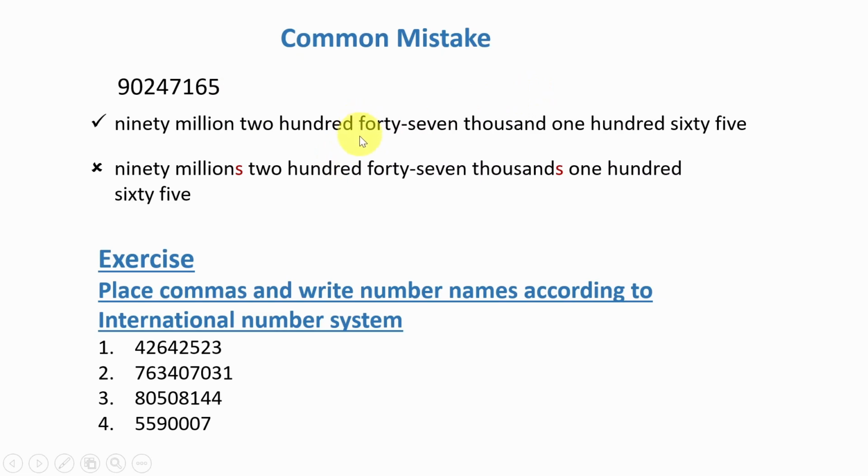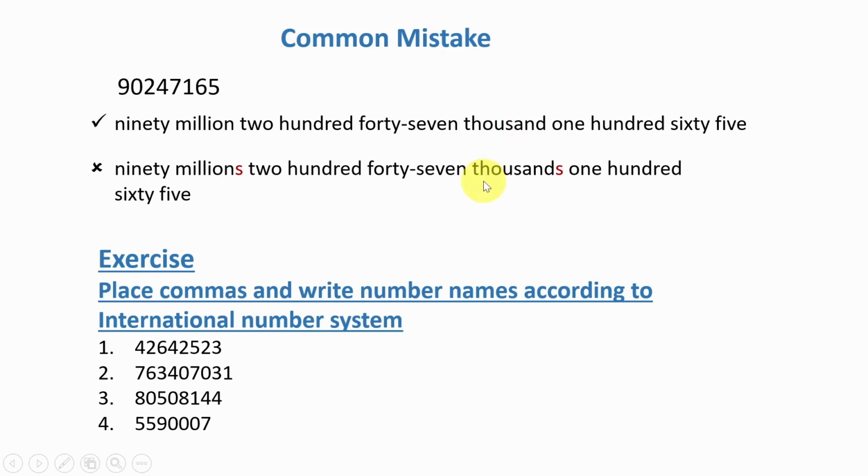What is the difference between two number names? See, 90 million, but the mistake is 90 millions. This is not correct. Right? 247,000. 247 thousands is wrong. 247 thousand is correct.